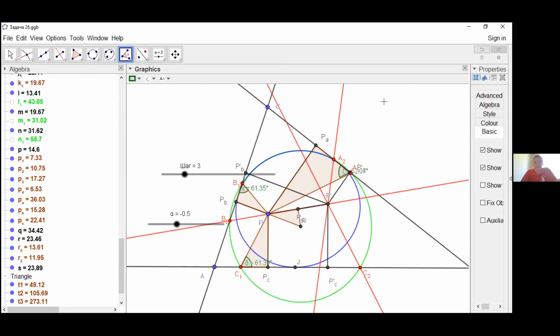I just want to mention that this generalized Brocard ellipse appears not only in this project.